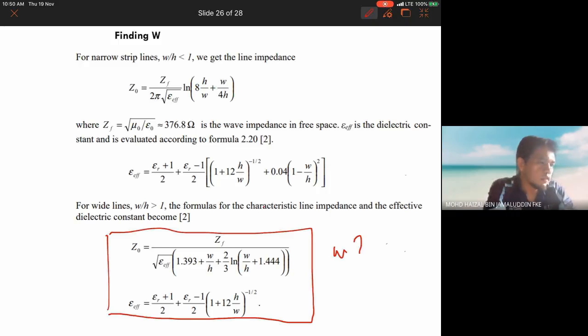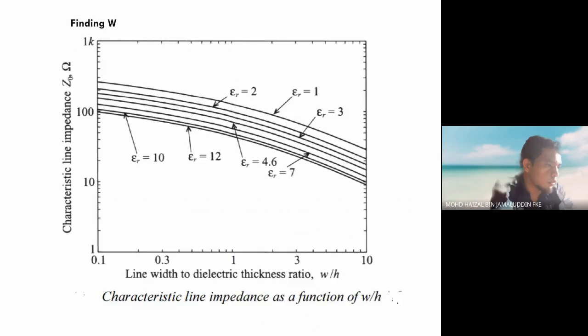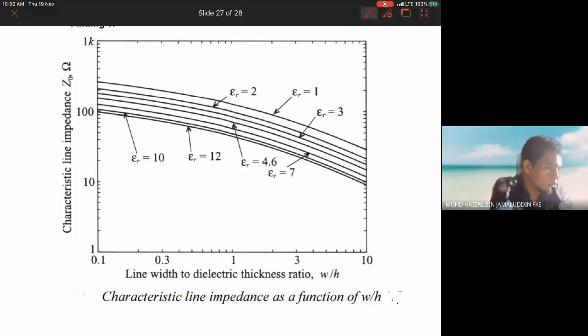Or you can use the table. If the final exam gives the table, you need to interpolate the table. In this case, the impedance given is 50, so 10, 20, 30, 40, 50. Let me draw from this table. The permittivity is around 4.2, so it will be around here.